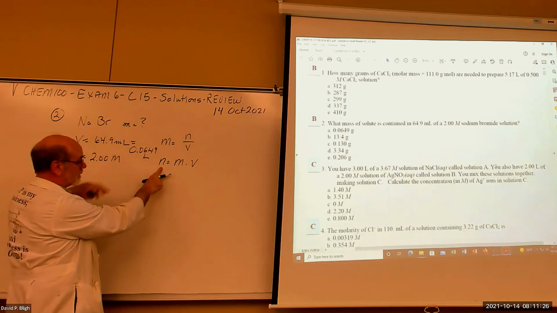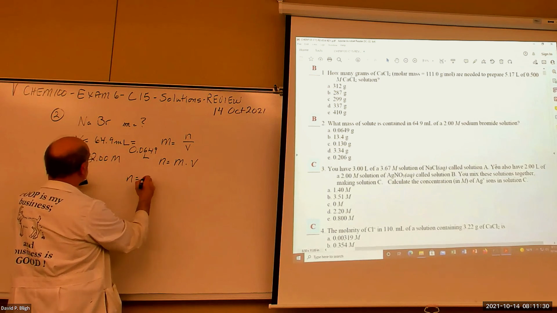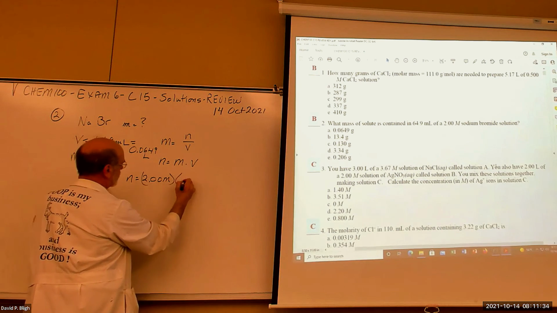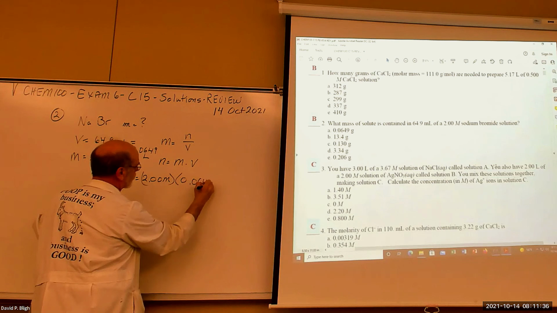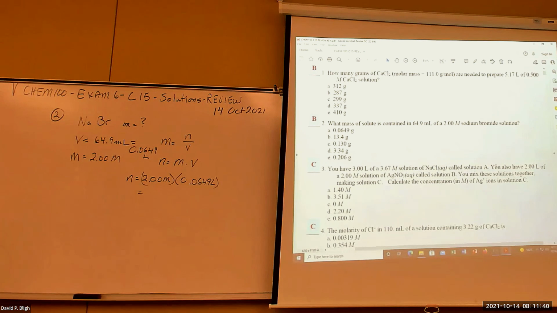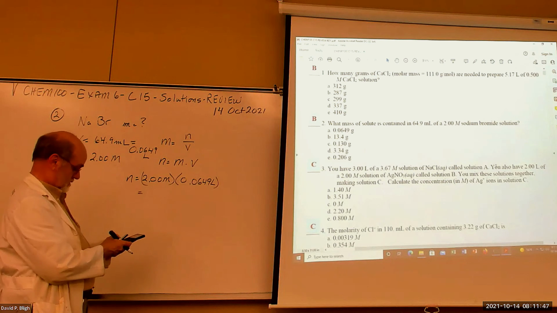Then we have to go to mass. So moles is equal to that, and then 0.0649 liters. I could probably do this one in my head, but I don't want to strain myself this early in the morning.